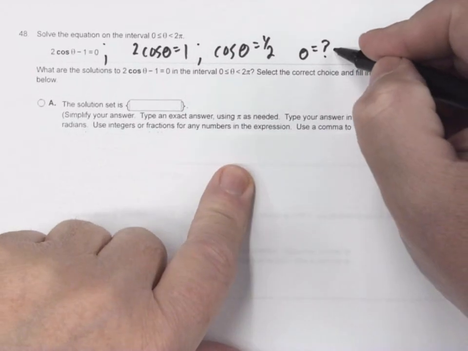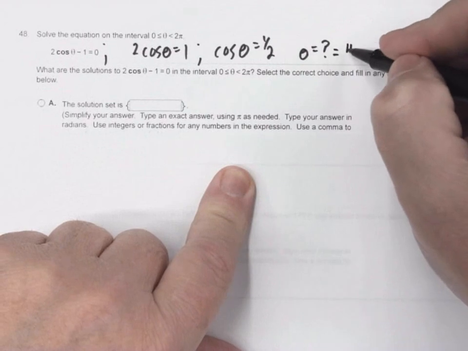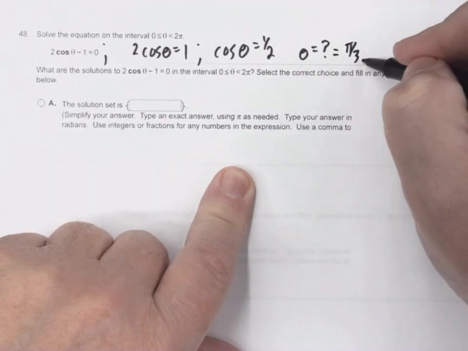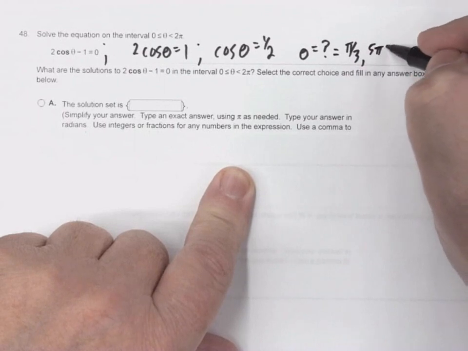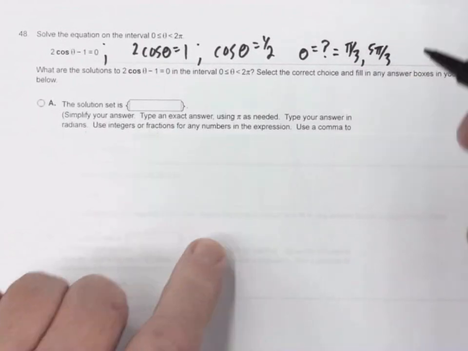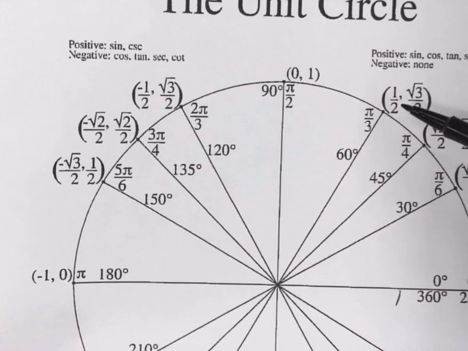Since I have memorized the unit circle, I say it's pi over 3. Let me write this down, then I'll show it to you. And 5 pi over 3. So pi over 3, cosine's 1/2.